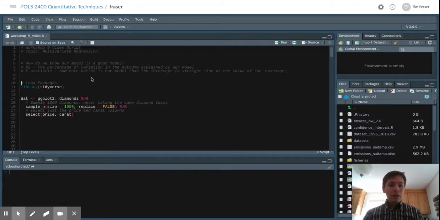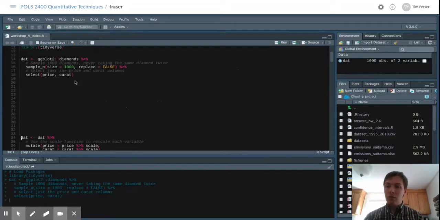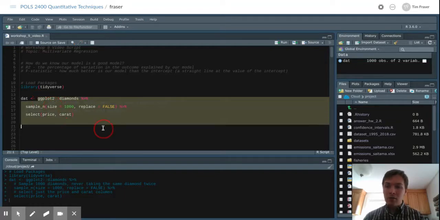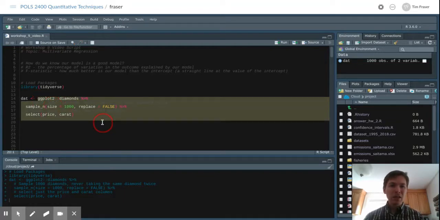Okay, so we're going to use the diamonds data set to understand this a little bit better. We're going to load the tidyverse package, which I have up right here. We're going to run this function on diamonds, and this is not super necessary, but it means that we're grabbing only 1,000 randomly sampled diamonds instead of 50,000, which would be a lot for our computer.